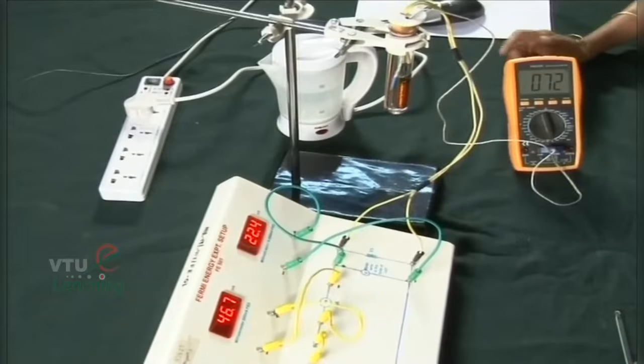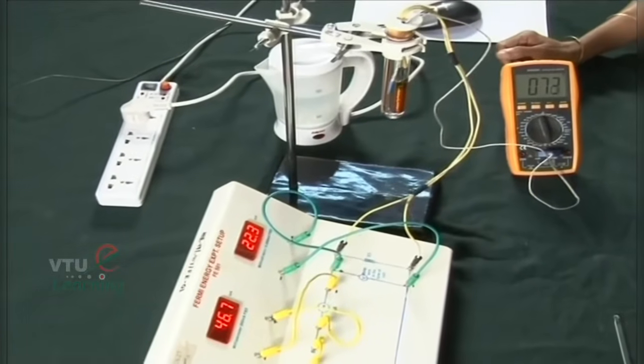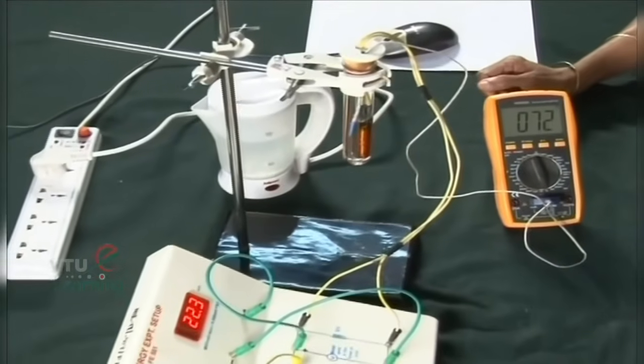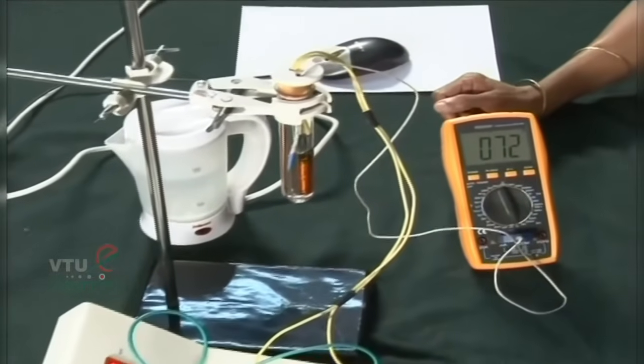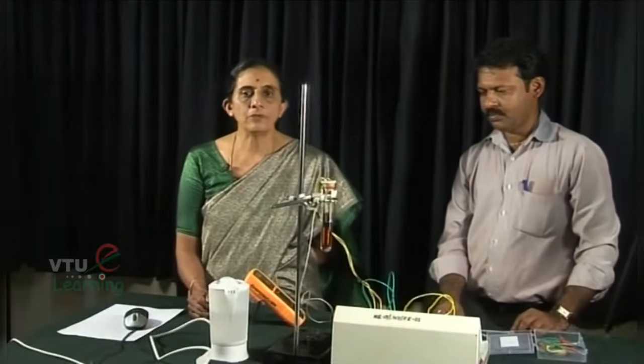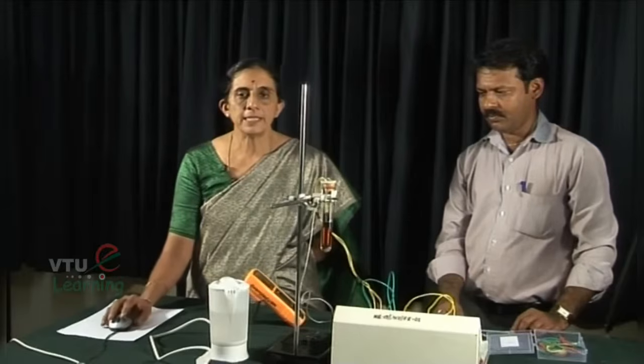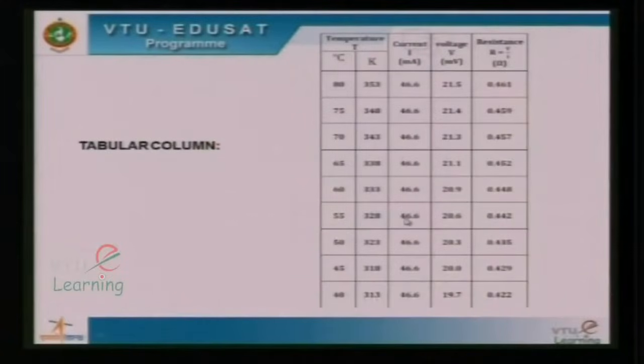When it is 75, we record the reading, and once it touches 70, again we take the readings of milliammeter and the millivoltmeter. Like this, we have to continue till the temperature has come down to 40 degree centigrade, and we have recorded all the readings as indicated in this tabular column.